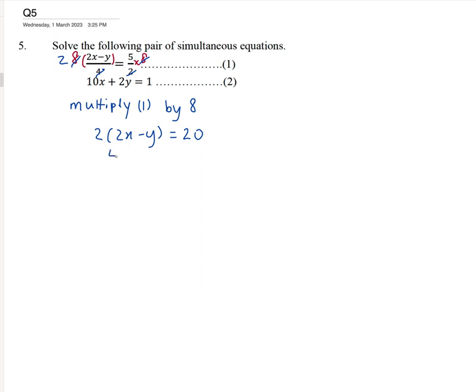So now we have 4x minus 2y equals 20. And we call this the third equation.